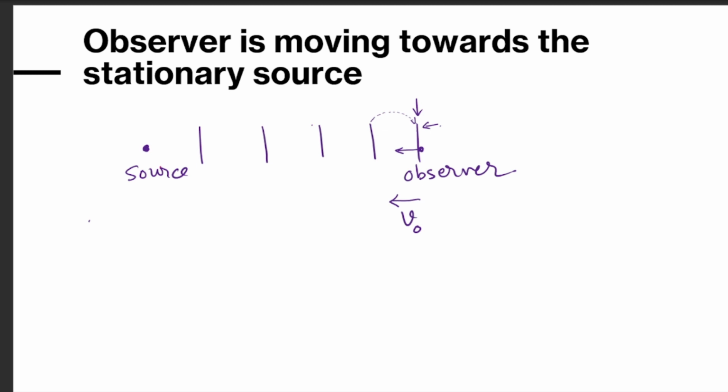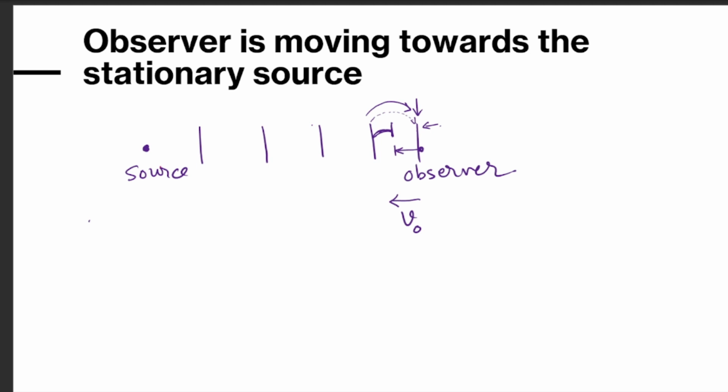So what will happen? As the observer is also running towards the source, the pulse will be here in between the path only, but the ear of the observer or any receiver will immediately detect the next pulse in between the path. So what happened? Earlier, the time taken by the pulse was longer.